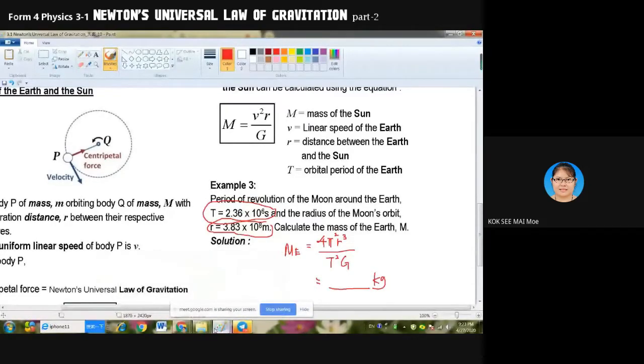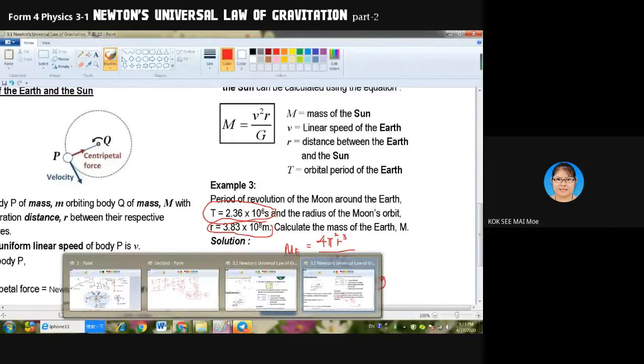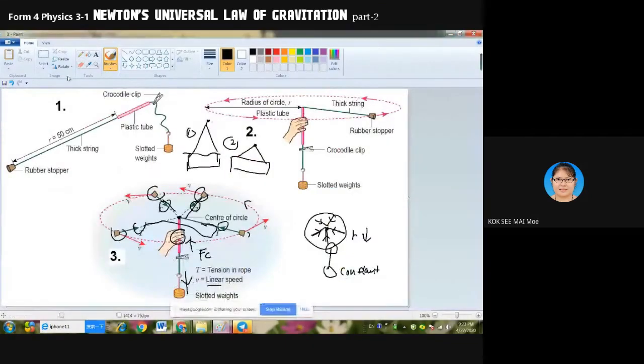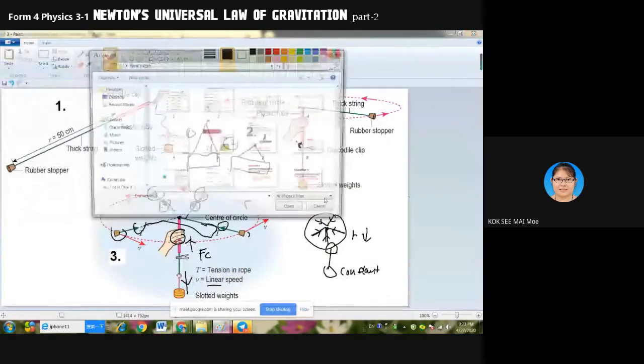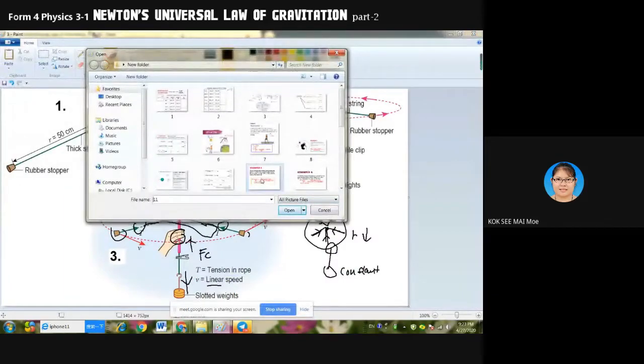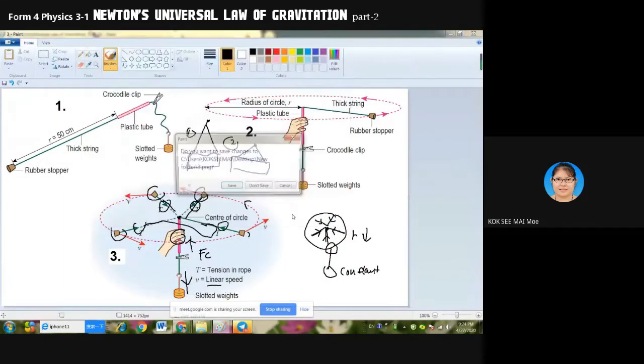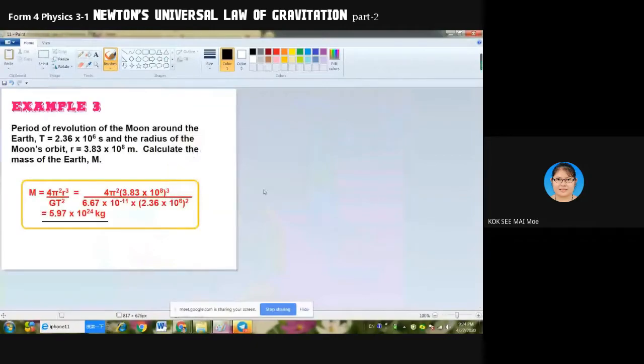Then I show you the calculation. Example 3. Okay, this one. The others you cannot get, you can see here. I think the problem is how you press the calculator. Better you do the 6.67, the G. That day I told you already how to press.